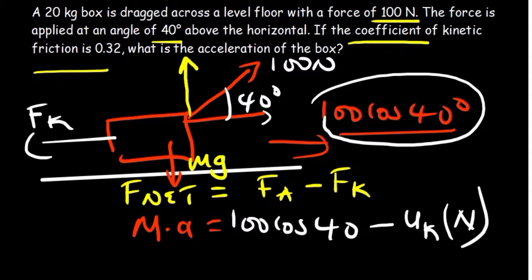What you need to understand is that the normal force gets to support the weight of the object. The normal force gets to overcome the weight of the object. Now in this case there is a force that is helping it to overcome the mg.